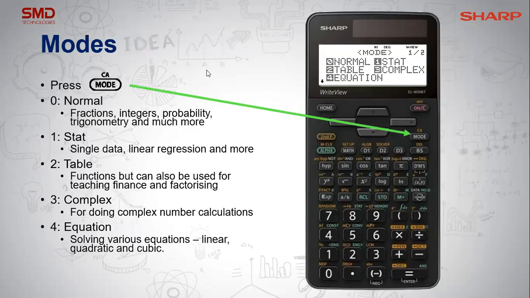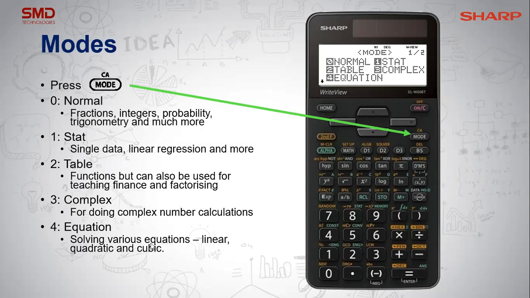All right, so the different modes that we're going to cover today are all in this list here. So normal, where we'll do things like fractions, probability, trigonometry. We'll do statistics, both single data statistics and linear regression. We'll look at tables and how you can use them to teach finance and factorizing. And then, of course, your complex number calculations.